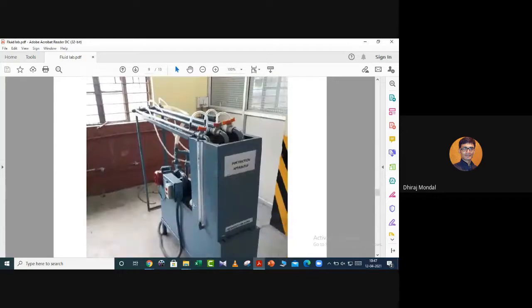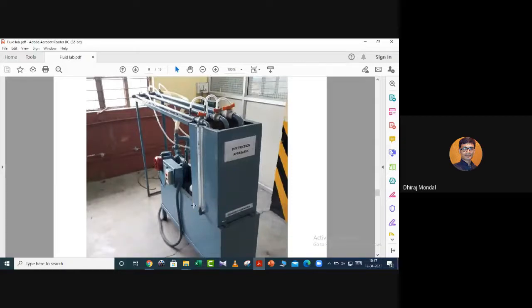This is the pipe friction apparatus in your fluid lab. Here three pipes are there, you can see. This pipe has a diameter of 50, I think, this is 40, this is 25, in centimeters or millimeters. And here is the pump, and from the pump water is coming here.